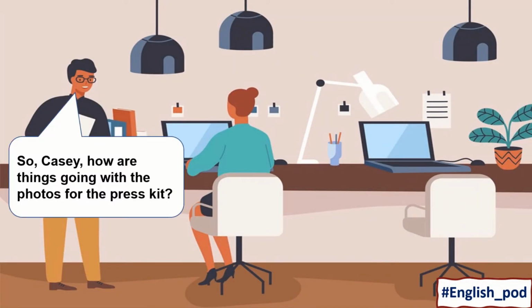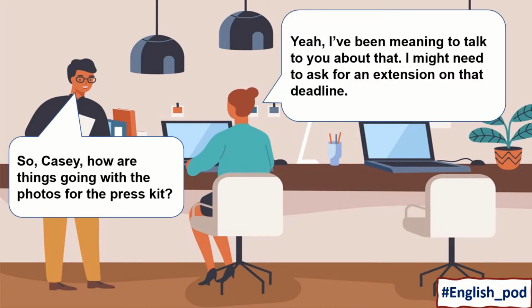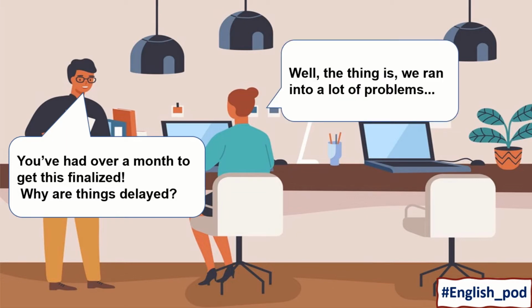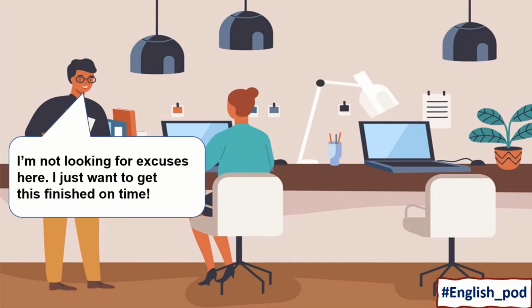So, Casey, how are things going with the photos for the press kit? Yeah, I've been meaning to talk to you about that. I might need to ask for an extension on that deadline. You've had over a month to get this finalized. Why are things delayed? Well, the thing is, we ran into a lot of problems. I'm not looking for excuses here.